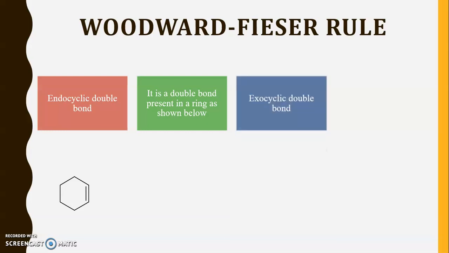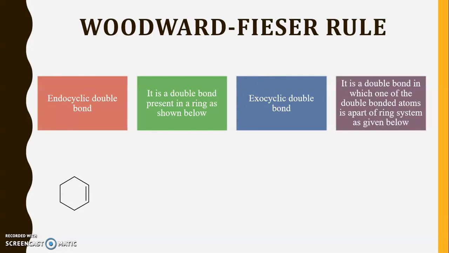Next definition that we are going to discuss is exocyclic double bond. This is about the endocyclic bond. This is about the exocyclic bond. What is the meaning of exocyclic bond? It is a double bond in which one of the double bonded atoms is a part of the ring system, as shown in this polygonal structure.